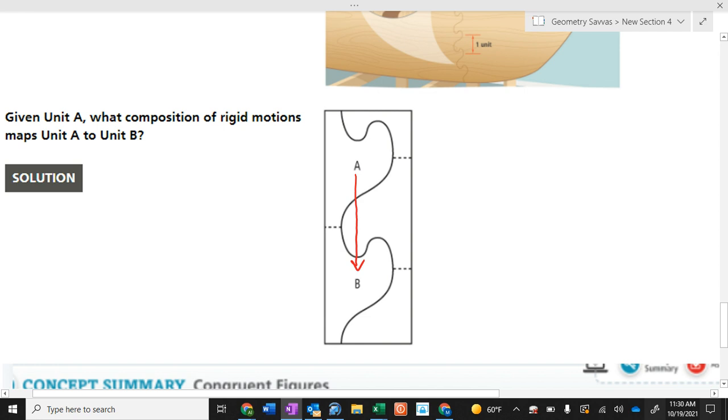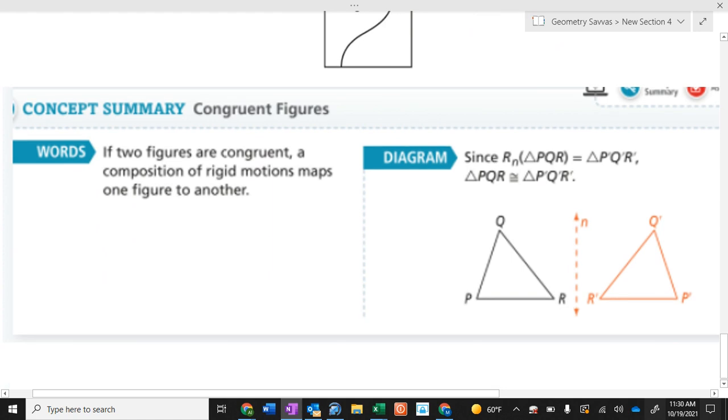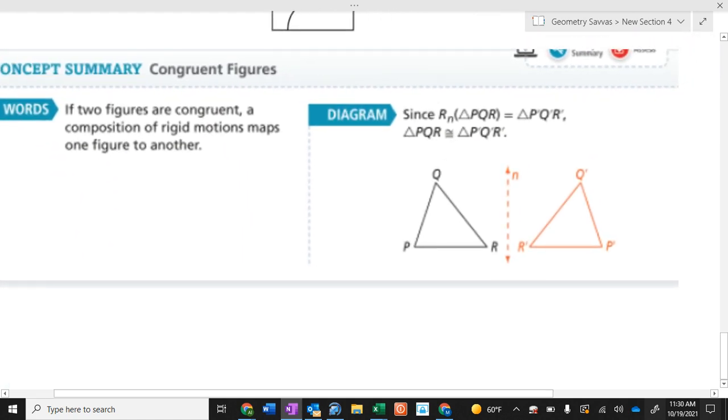I just gave you the answer. It's a translation. So as long as you can do a rigid motion, it makes congruent figures.